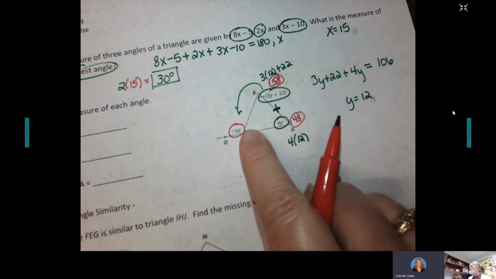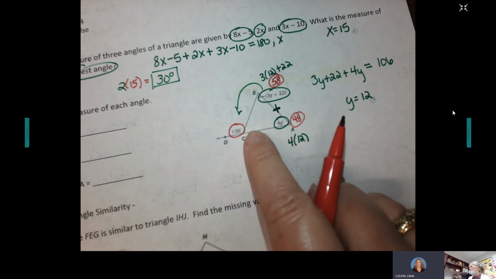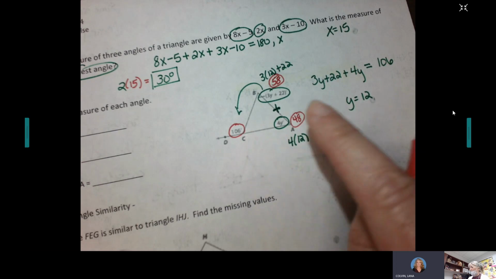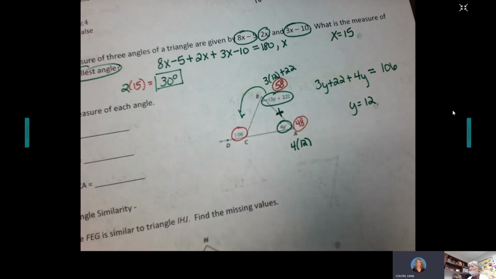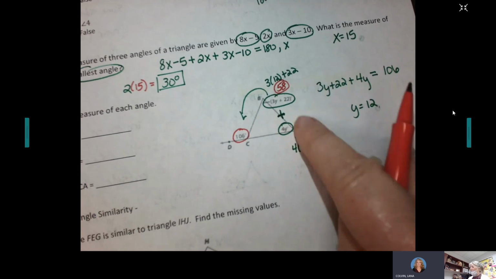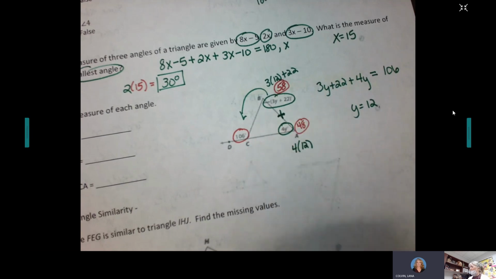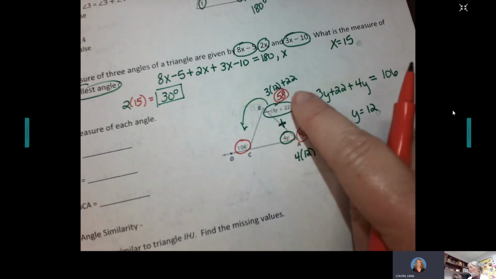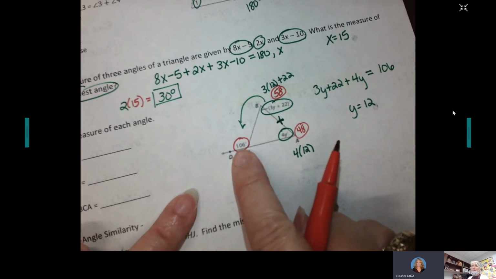Now, how do I find the measure of this angle? Add them up and subtract from 180. Now, I already know that 58 plus 48 is 106.